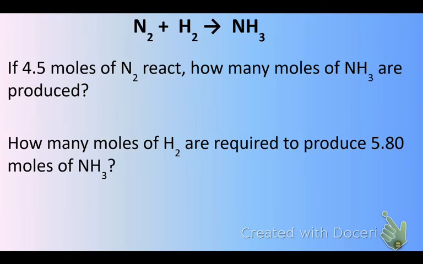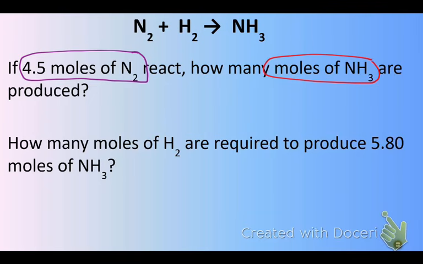We find our given, okay, 4.5 moles of N2. We find our unknown, how many moles of NH3. So I'm going to set that up. 4.5 moles N2. I know I'm going to need a conversion factor to equal our moles of NH3.